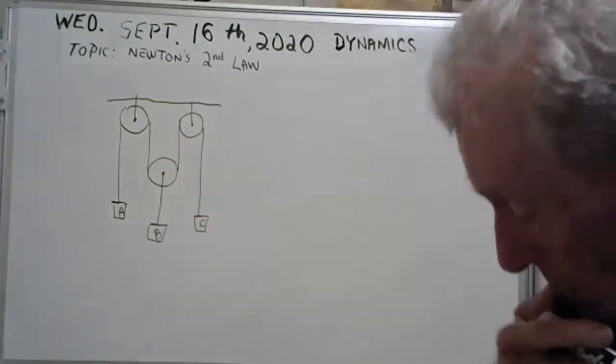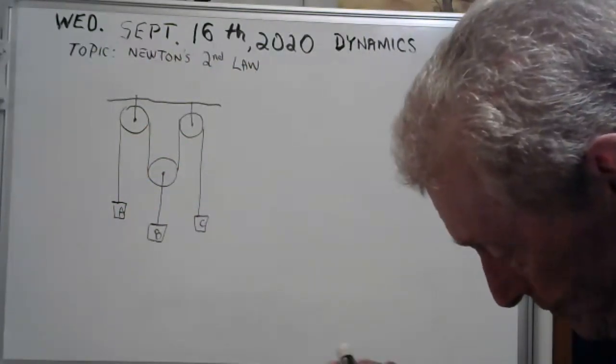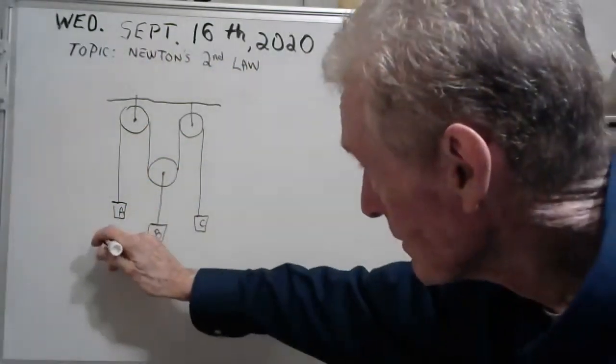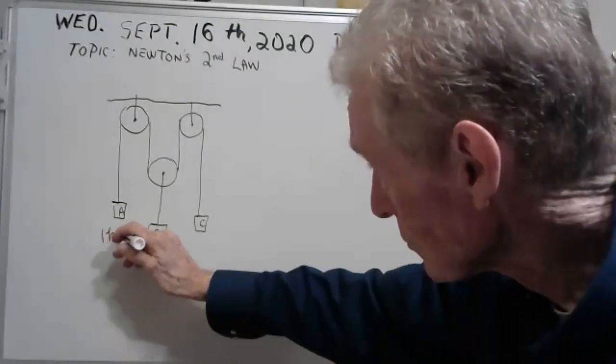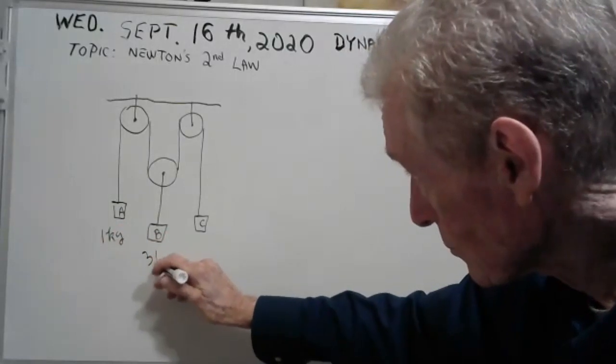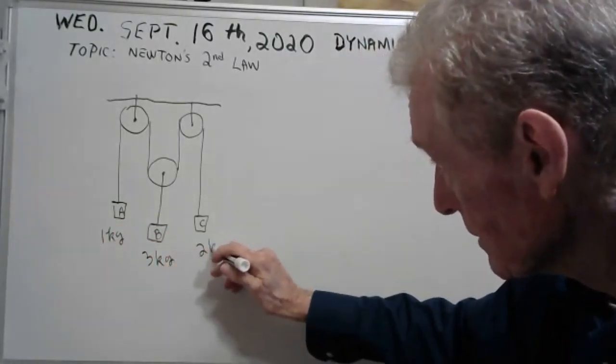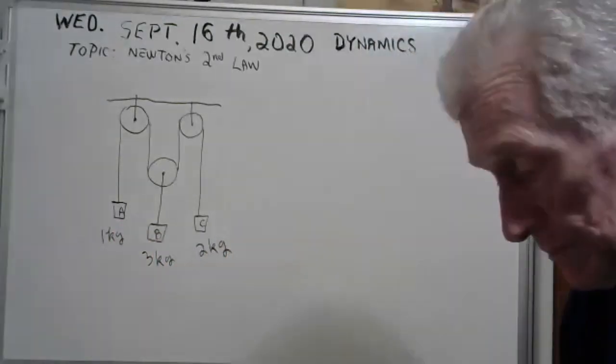A, B, and C. Let's say A is 1 kilogram, B is 3 kilograms, and C is 2 kilograms.